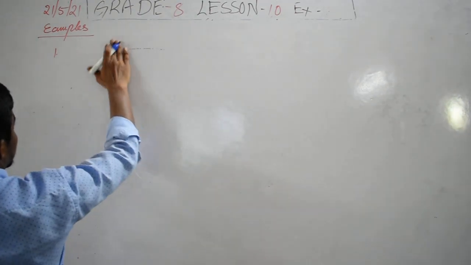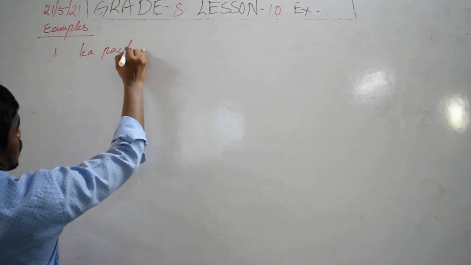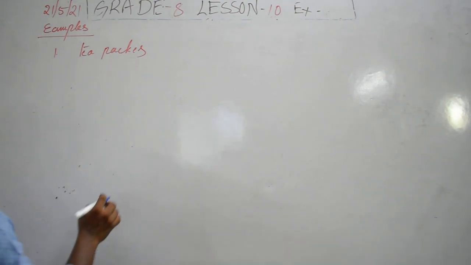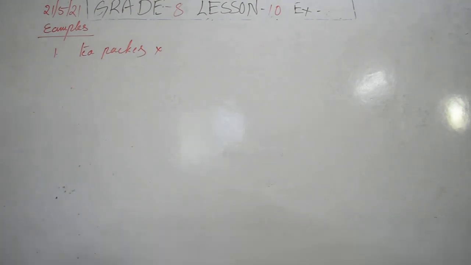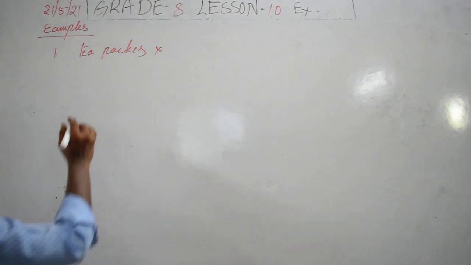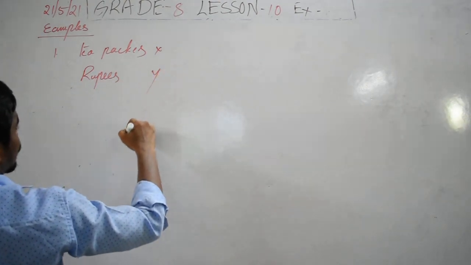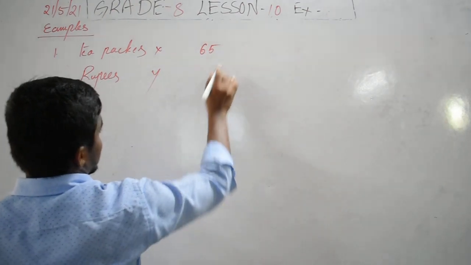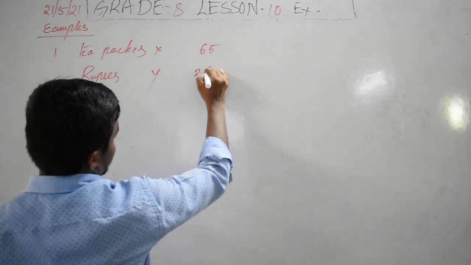Here tea packets is the X quantity. Money, rupees, this is the Y quantity. Suppose 65 tea packets, how much money? 2600.